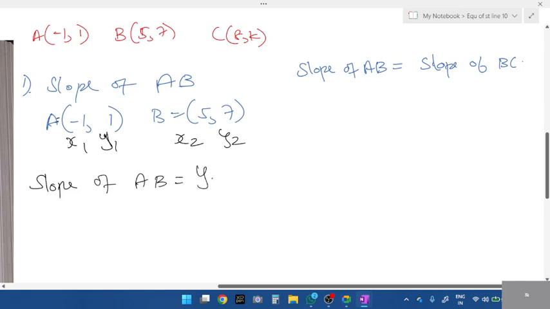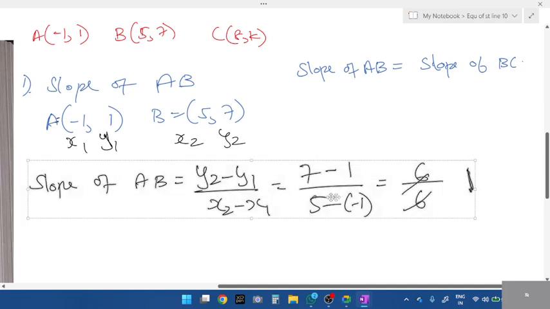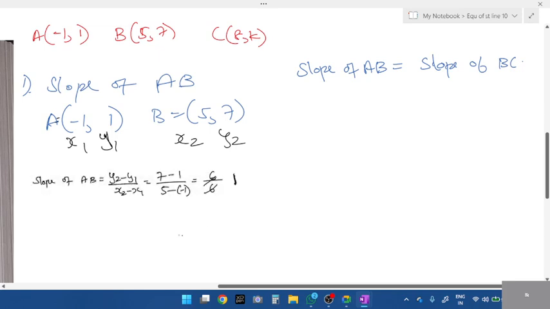When 2 points are given, Y2 minus Y1 divided by X2 minus X1. Substitute: Y2 is 7, minus Y1 which is 1, divided by X2 which is 5, minus X1 which is minus 1. That is 6 divided by 5 plus 1, which is 6. What is the slope? Let us keep this as it is. See, don't get confused. Both are different concepts, students. Slope of AB we found. Second, slope of BC.